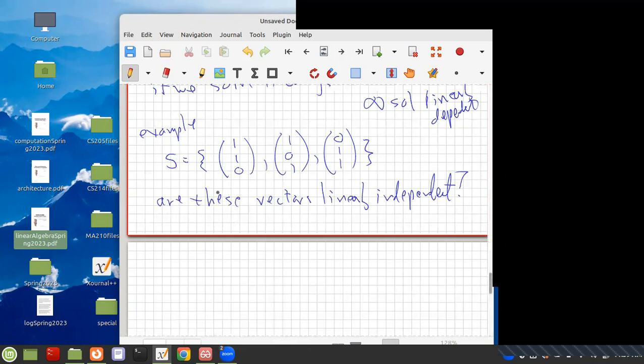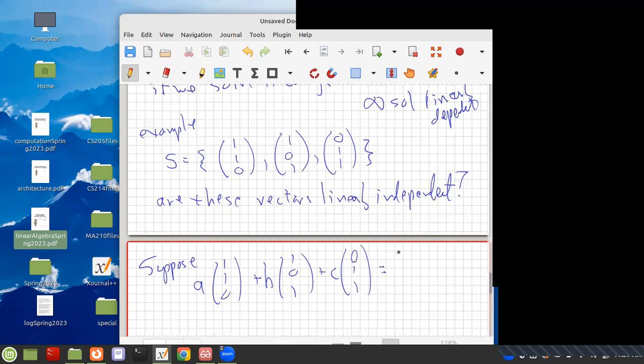So what do we do? Well, what we want to show is that conditional is true. So we suppose that A(1, 1, 0) plus B(1, 0, 1) plus C(0, 1, 1) equals (0, 0, 0).